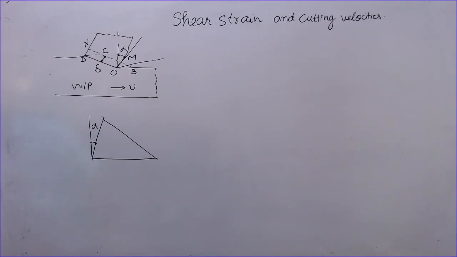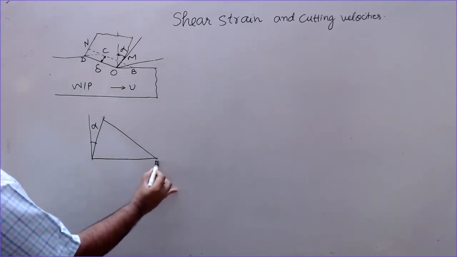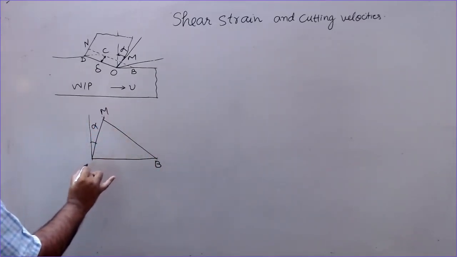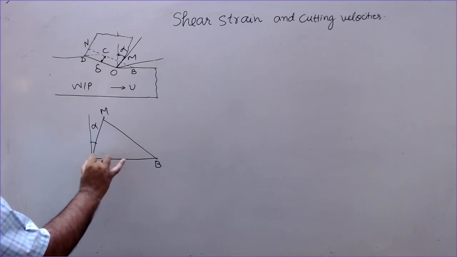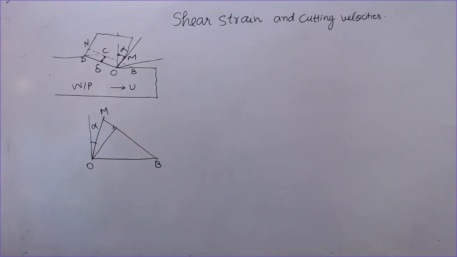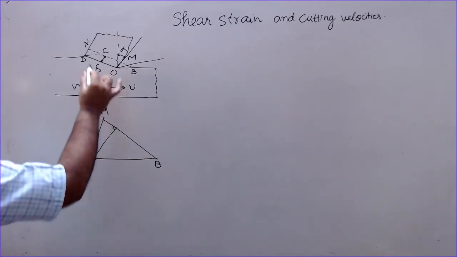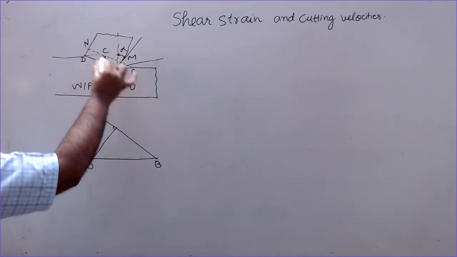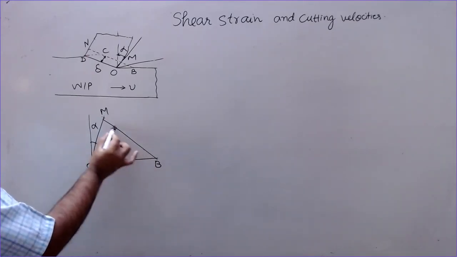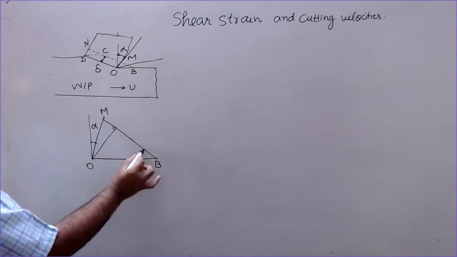So we will name it accordingly. This is B and this is M, and drop a perpendicular from this point O to MB. This is perpendicular. So this angle is alpha, and these two are parallel, so this is also the same line parallel, so this represents the shear plane in new position.